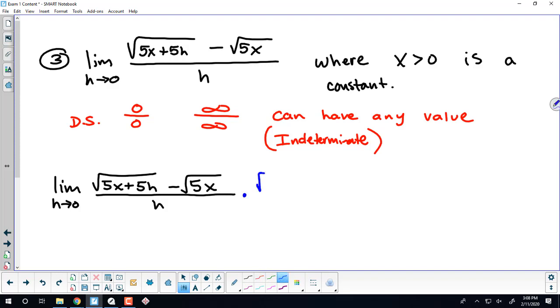Multiply by the square root of 5x plus 5h plus the square root of 5x on top and bottom.